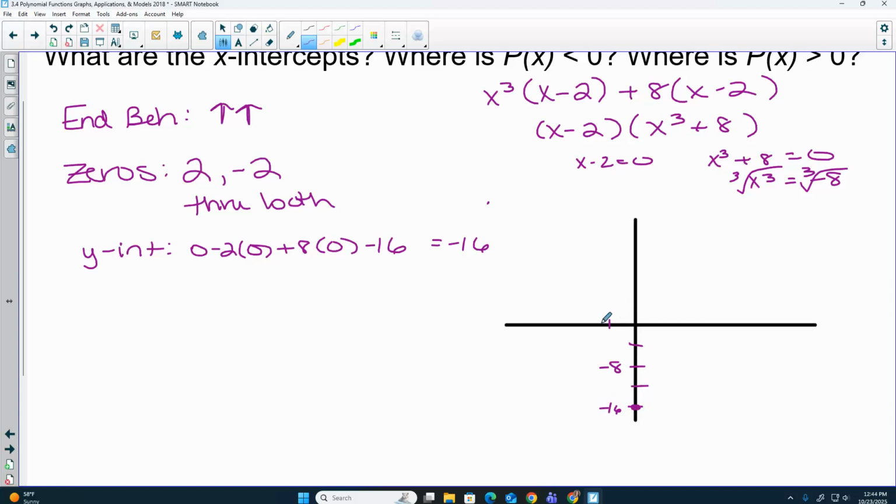I'm going to hit my x-axis at -2 and +2. End behavior is up, up. Both ends should be pointing up. So we start up here. I have to come down and hit this. We said it would go through both my intercepts. We have to cross the y-axis down here. Come back and hit this one. We said it would go through. So it should look something like that.